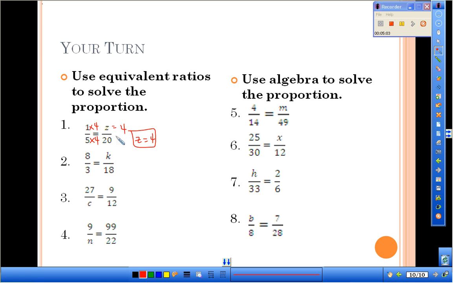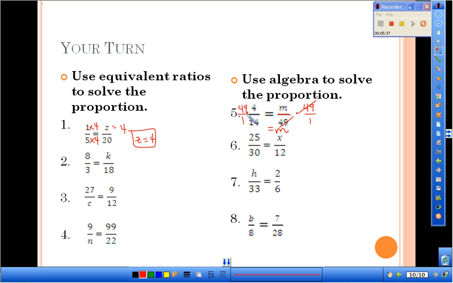So use the same mental math method for 1 through 4. And then over on this side for number 5, I would like for you to use algebra to solve. So we're going to start on the side with the variable, and since they divided by 49, in order to cancel it out, we're going to do the inverse, which would be to multiply by 49. Balance and multiply both sides by 49, and that's going to cancel over here on the right side, leaving us just with m.